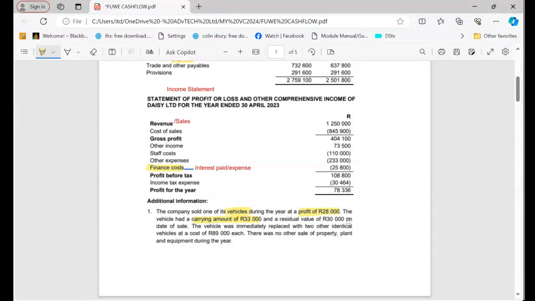Can you see now? Which amount will I add to find the profit? 28 plus 33.